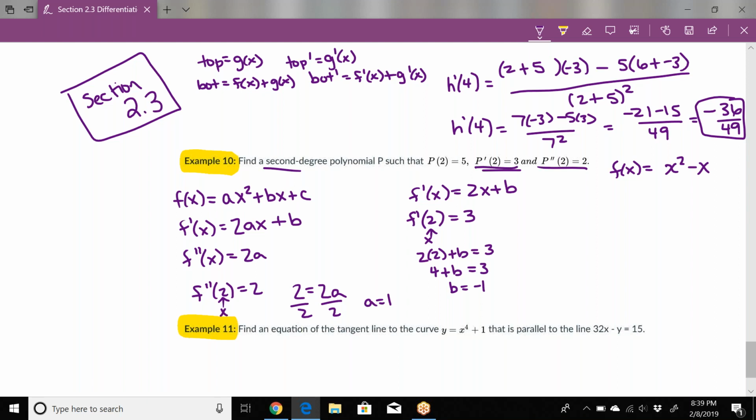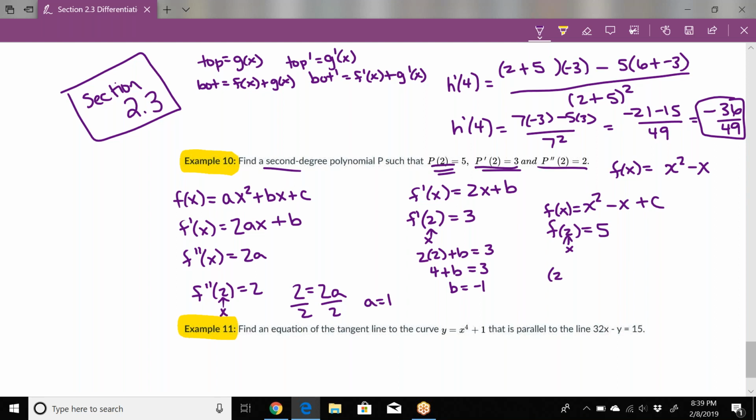And you can guess for the third step, we go up to the original function and plug in the a and the b that we've both found, and we're going to find c. So f of x, a was 1, so it's going to be x squared minus x, but we don't know c. And we know that f of 2, or p, since I changed the name, is 5. So remember, this is what we're plugging in for x.